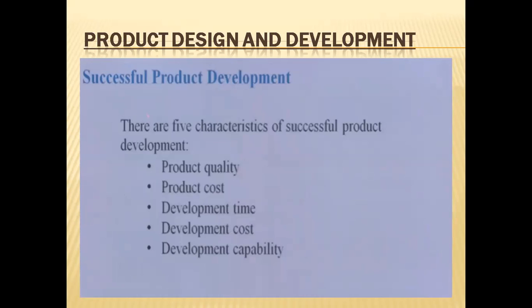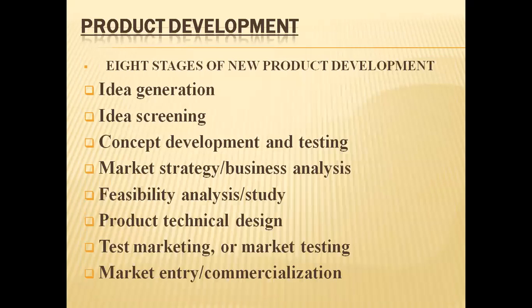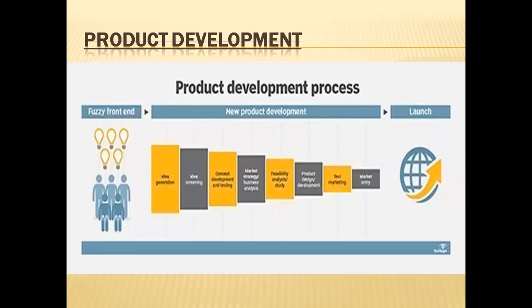For a product to be successful, 5 things are important: quality, cost, time, and capability. Already we have discussed this. These things are taken care of in product design. So the 8 steps I have already discussed: idea generation, which we noted earlier, and the same process is there. The launch of the product is also in this topic.